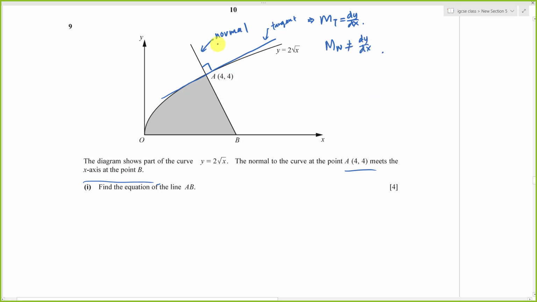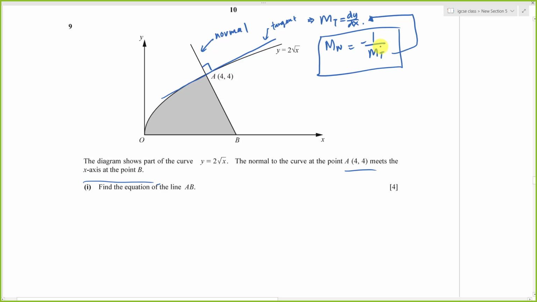Some students, even though you have the gradient of normal, cannot straight away link it to dy/dx. But we know gradient of normal equals -1 over gradient of tangent, so it still has some relationship. If I have the normal, I can change to the tangent, and from the tangent I can go back to dy/dx. I hope you get the idea between tangent and normal.